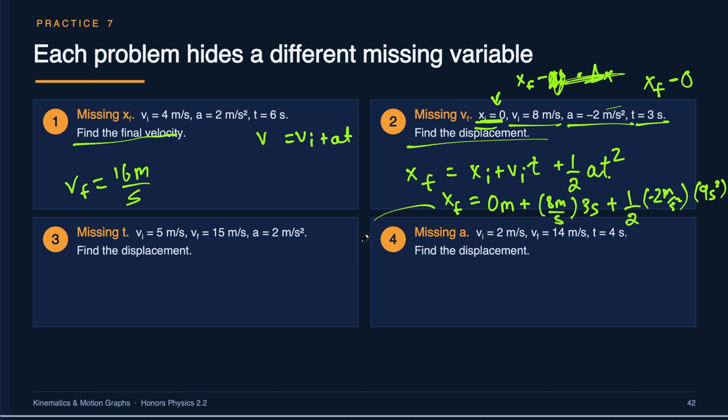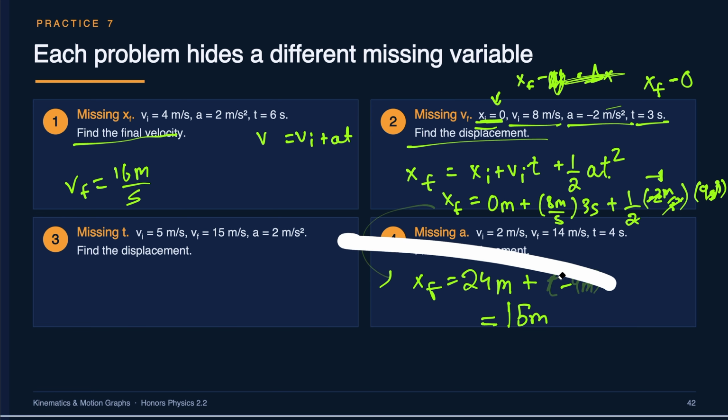This should give you S_f is equal to 24 meters plus negative 1 meter per second squared times 9 seconds squared. Seconds squared cancel out. The 2 and negative 2 make a negative 1. You get negative 9 meters. So your final answer is, subtract this, 15 meters. So I'm just going to erase all this work here.